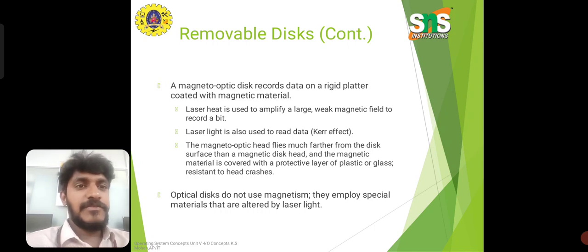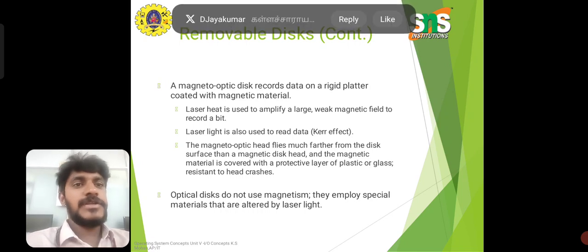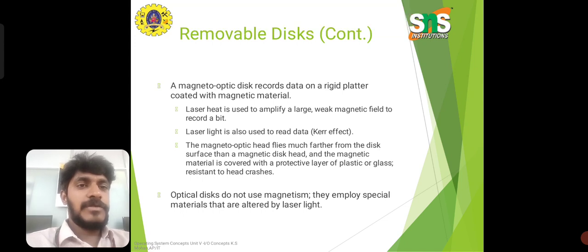The plastic or glass layer protects against heat and crashes, which could otherwise cause the data to be corrupted or lost. So we use plastic or glass, and laser light is also used to read the data. The magneto-optic disc records data on a rigid platter coated with a magnetic material. This is one kind of removable disc used in the operating system.